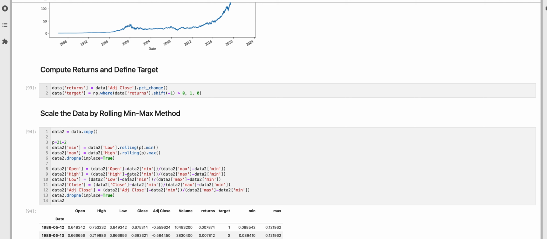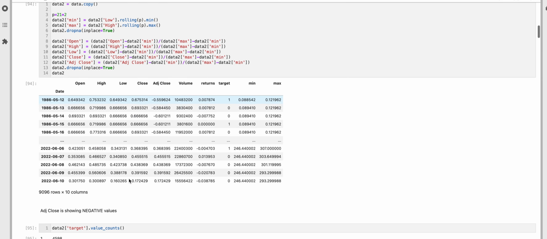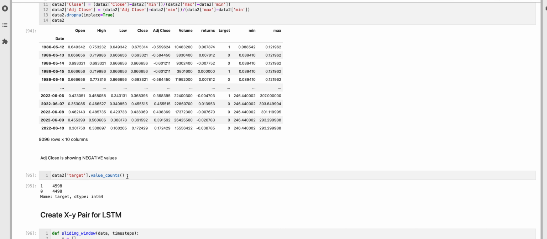I know this is a very controversial approach. Let us see whether this approach will work or not. After that, we count the number of days, taking the long positions and no positions. It is about 50% each.